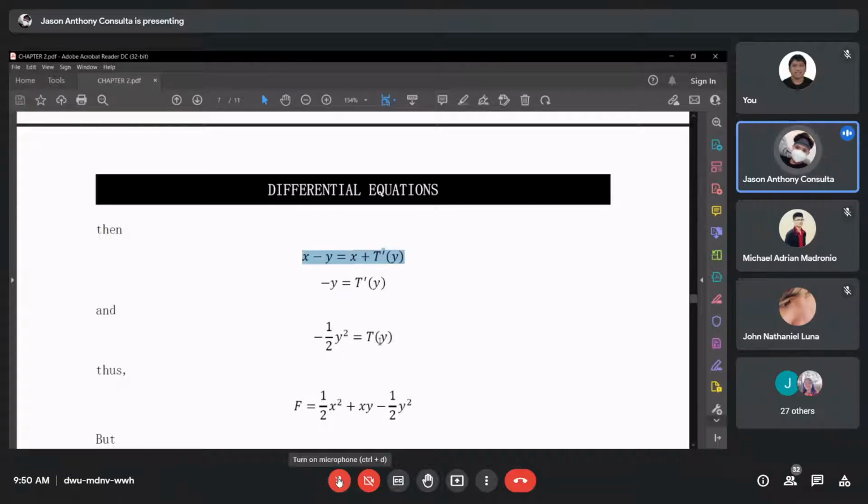Actually, ang hanapin natin is yung t sub y. So, t primes of y is equal to negative y, then integrate to find t sub y. So, we have t sub y equals negative 1/2 y squared. Okay, meron na tayong t sub y.